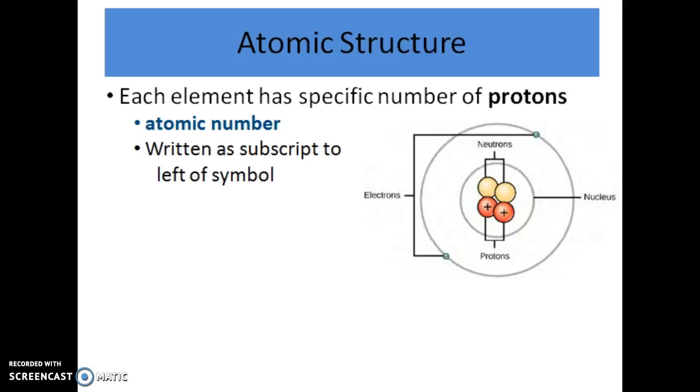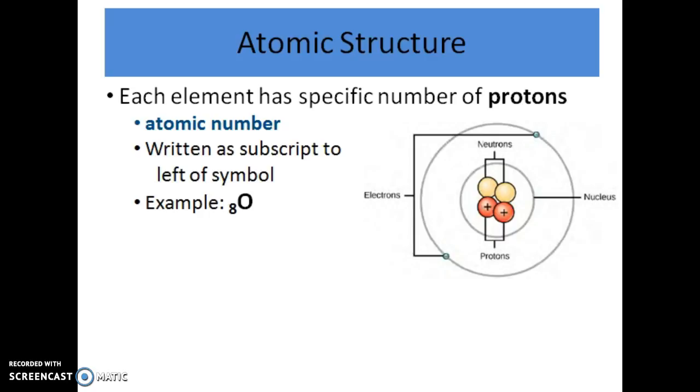We usually will write this as a subscript to the left of the symbol. So for example, if we're talking about oxygen, you see that 8 below and to the left. That 8 is because oxygen has 8 protons. So any atom that has 8 protons is oxygen. Oxygen always has 8 protons.